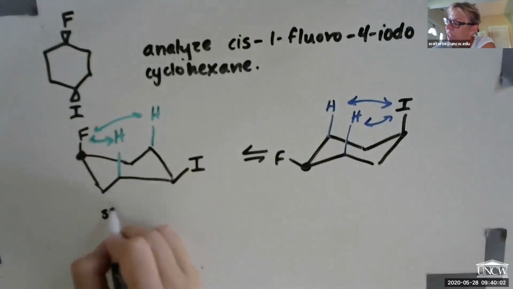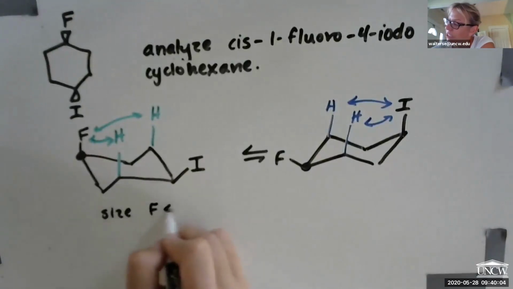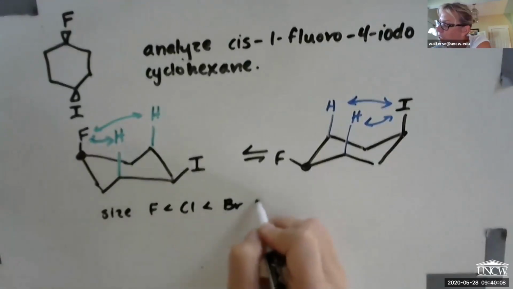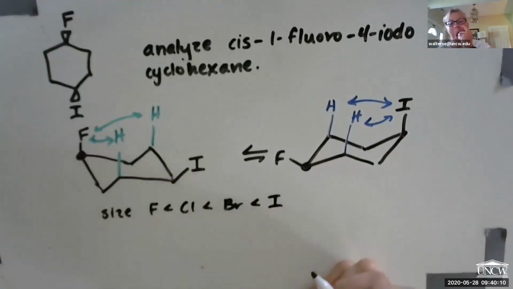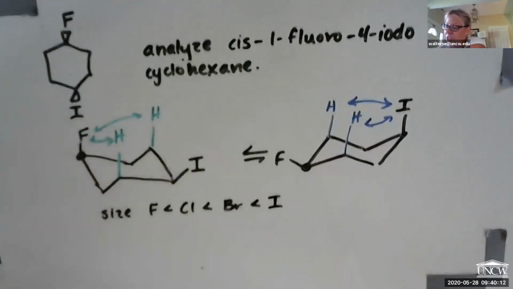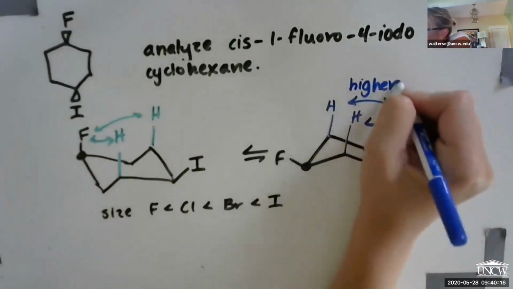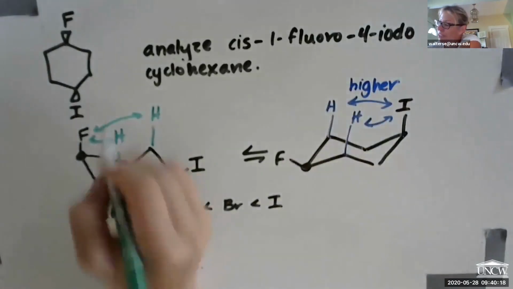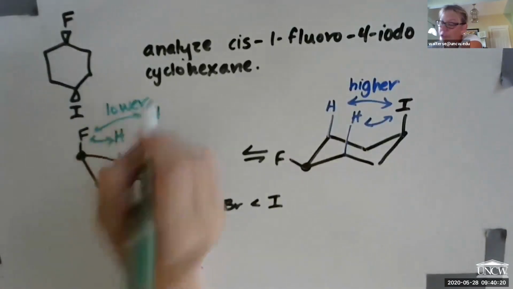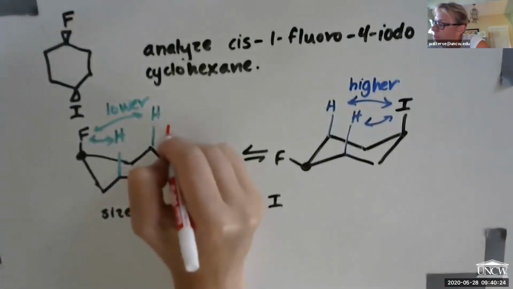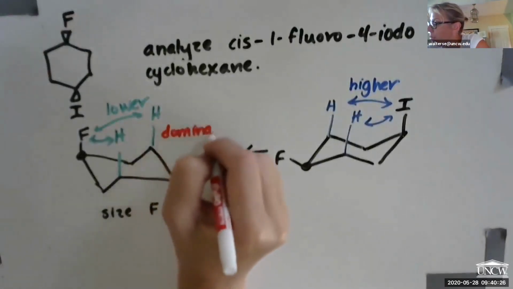But in terms of size, fluorine is smaller than chlorine, which is smaller than bromine, smaller than iodine. So this is going to be higher strain, and this is going to be lower strain. The lower strain ring is dominant at equilibrium.